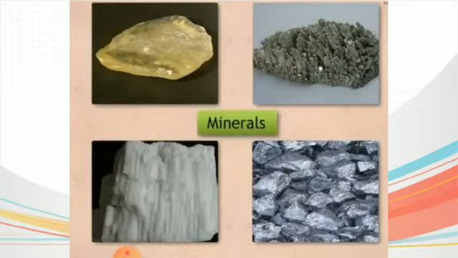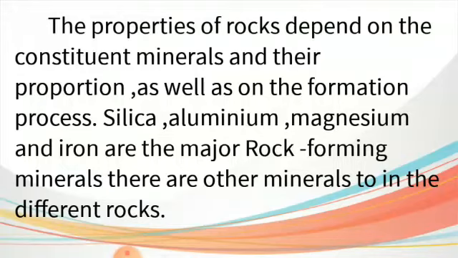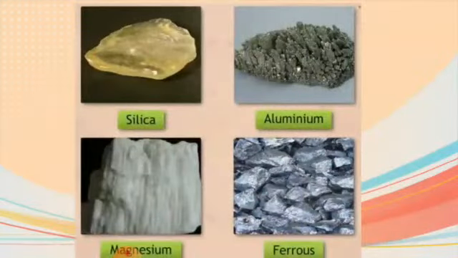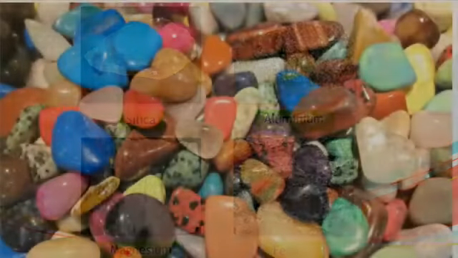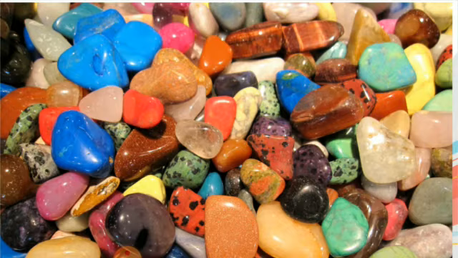There are different kinds of minerals we can get from the land or from the earth, like silica, aluminium, magnesium and iron, which are the major rock forming minerals. These are the major minerals we can find in the rocks. Other kinds of minerals also we can get from the rocks.